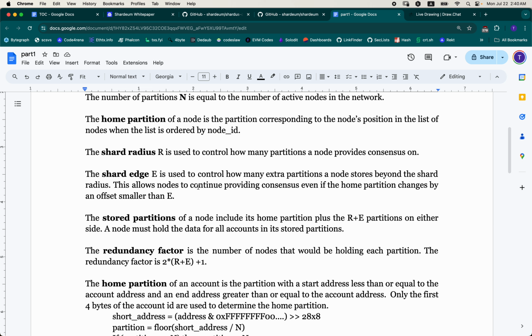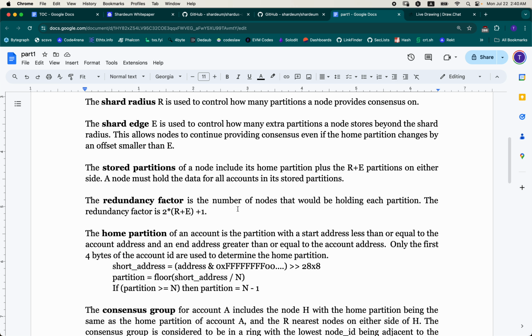This allows nodes to continue providing consensus if the home partition changes by an offset smaller than E, because the network is always adding and removing nodes. The stored partitions of the node include its home partition plus R plus E, so radius plus edge partitions on either side. A node must hold the data of all accounts on its stored partitions.